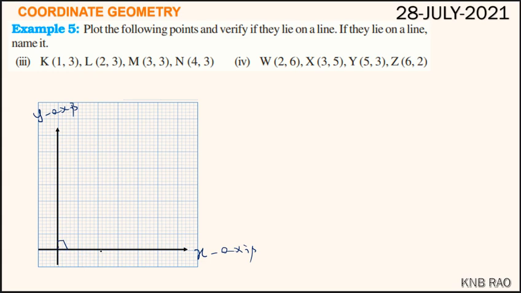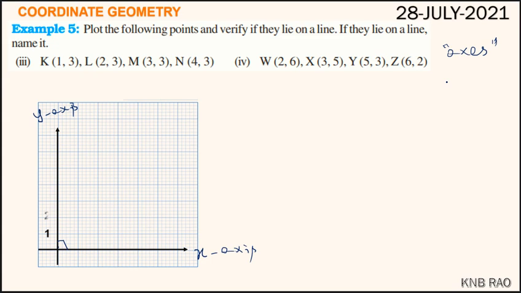From there you mark the numbers on these two axes. The plural of axis is axes, called coordinate axes. Now, since they are number lines, we will mark the numbers on them.